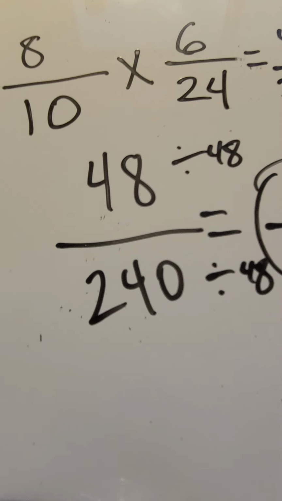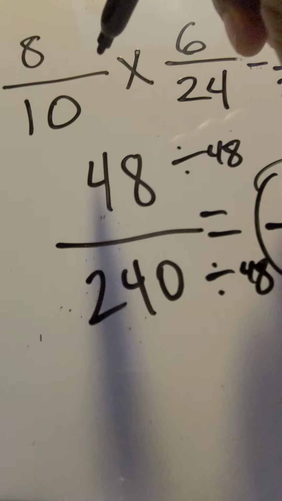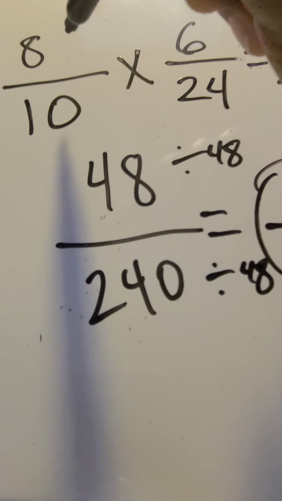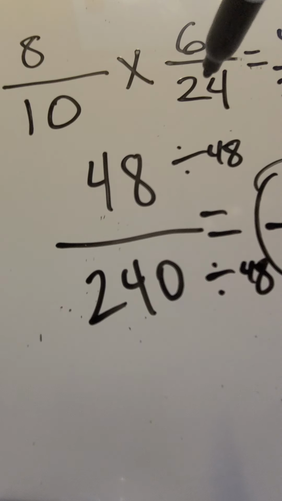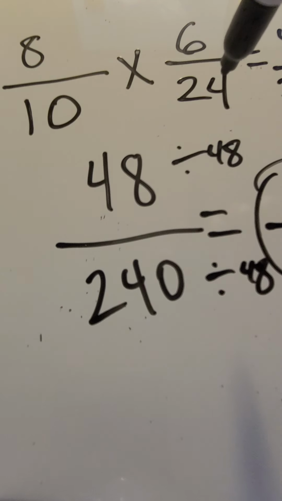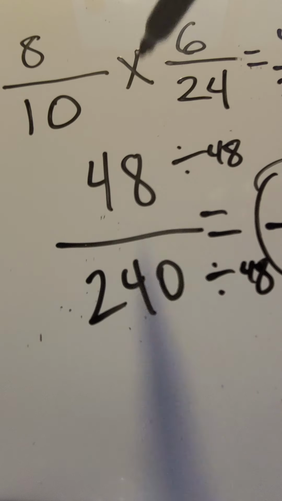As you see we did here, we can either multiply these fractions in their regular form, we also broke down the fractions into the simplest form, or we can cross simplify as well and get the same answer.